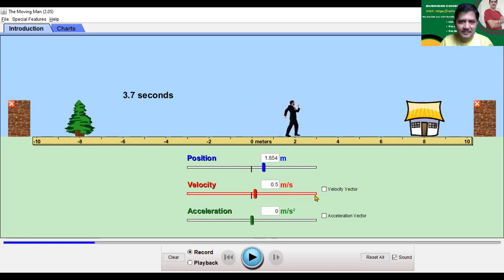We made a mistake here. See, this time I think I clicked it twice. Let me redo it once again. The counter was running, I didn't notice it. 0.5. I'll click it outside. Oh, I think my mouse was not working.